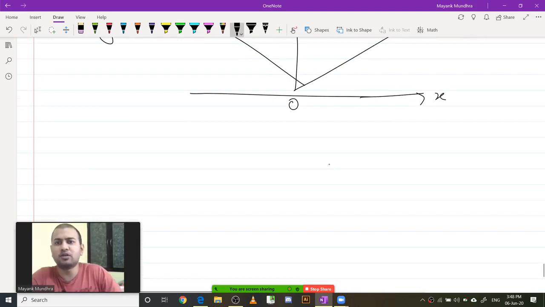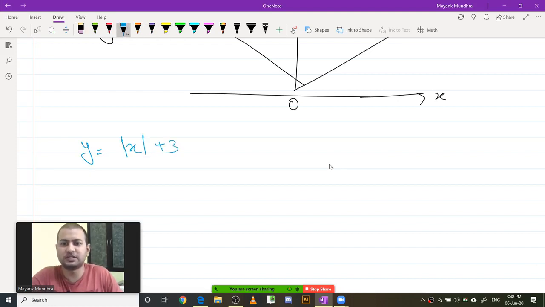Now suppose I want to plot the graph of y equals mod x plus 3. Sorry, let's draw mod x plus 3. Okay, so the plus 3 is outside the mod. So suppose I say z equals mod x, then y becomes z plus 3.